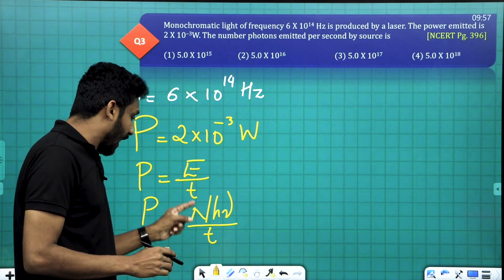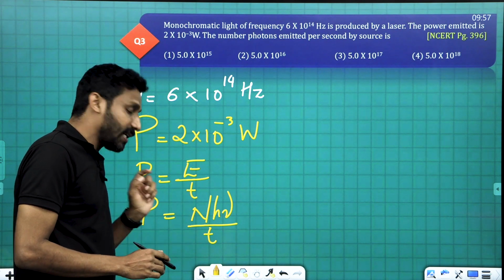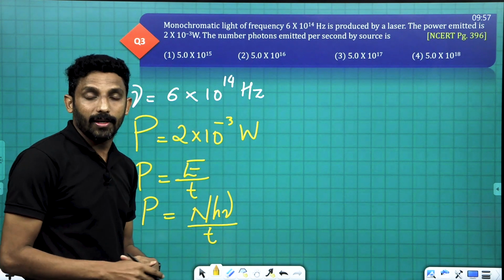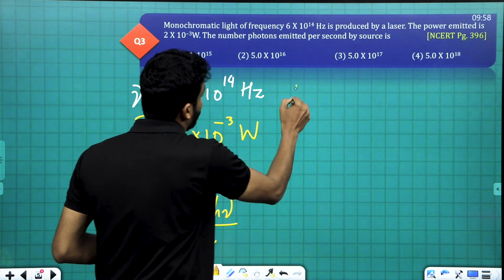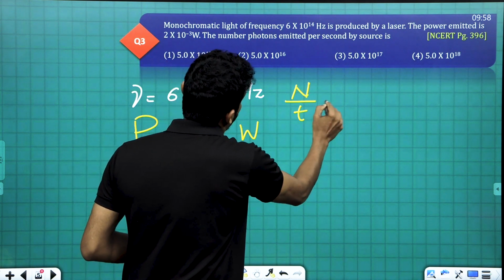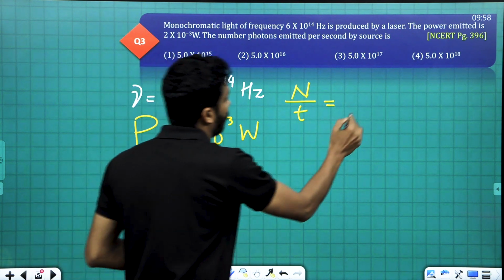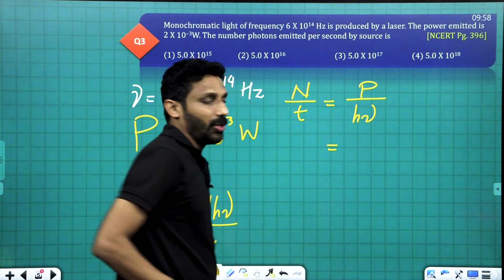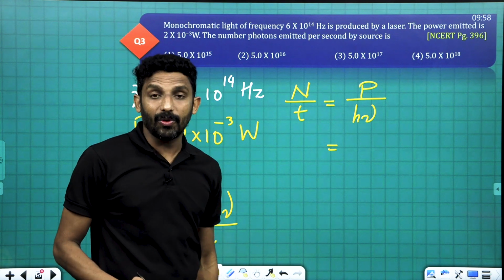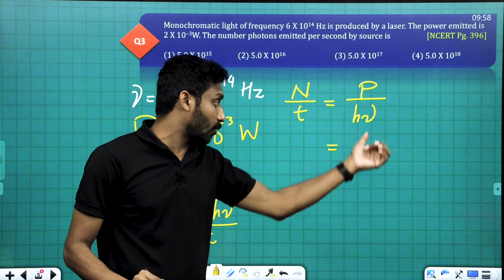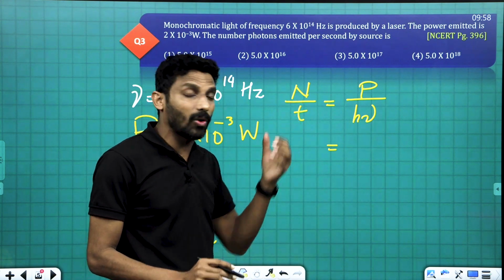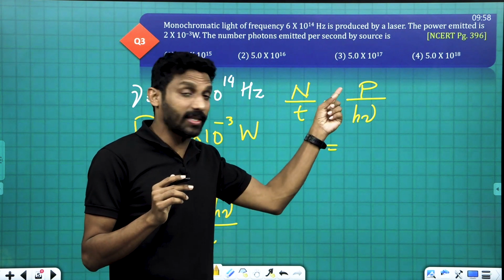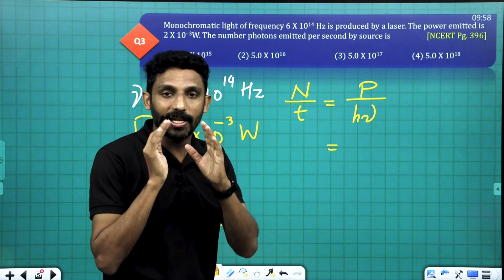Here n by t is the number per second, which is asked here. So n by t is equal to power divided by h nu. If you are given the power and frequency, you can find out how many photons are ejected per second by this formula, power divided by h nu.